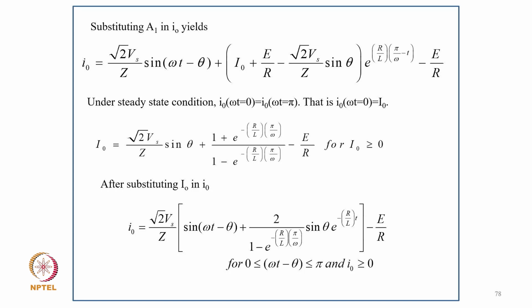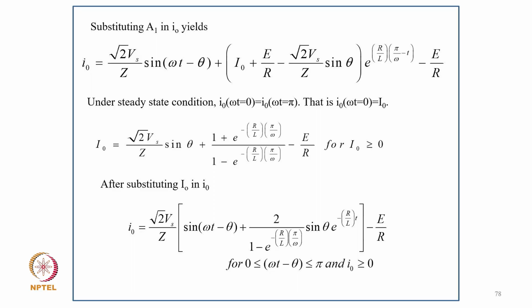So under steady state condition, i0 at ωt = π is equal to I0 = (√2 Vs/Z) sin θ (1 + e^(−(R/L)(π/ω)))/(1 − e^(−(R/L)(π/ω))) − E/R for I0 greater than 0.